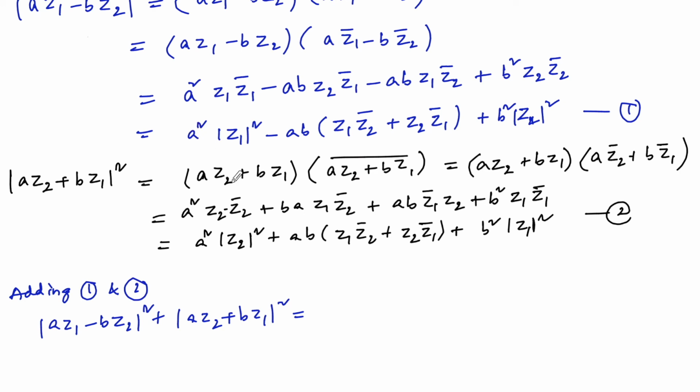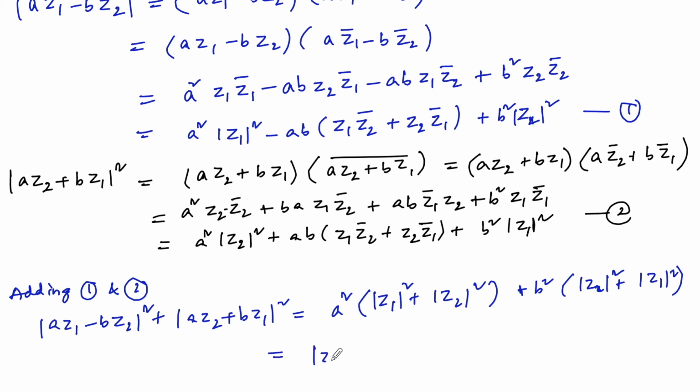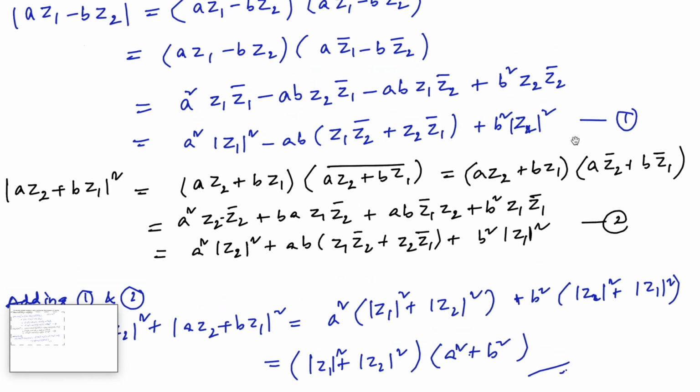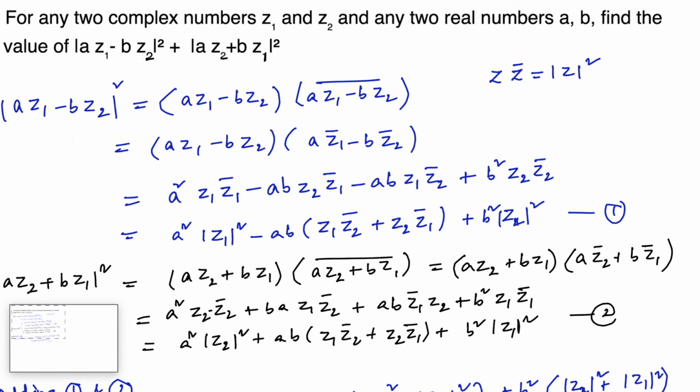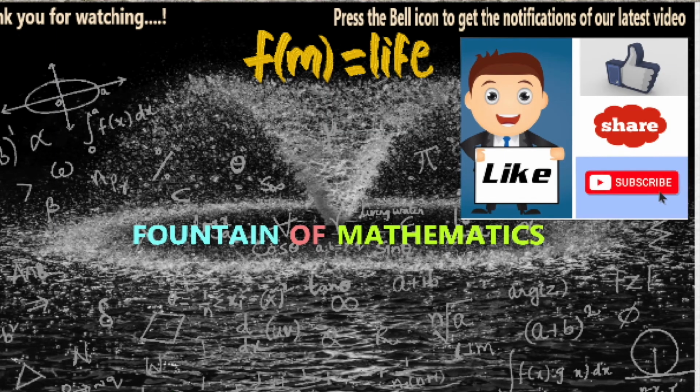So here a square, if I take a square common, mod of z1 square plus mod of z2 square, and again here plus b square terms of mod of z2 square plus mod of z1 square. So we can take out common mod z1 square plus mod z2 square, into a square plus b square. So we can give the answer as a square plus b square of mod of z1 square plus mod of z2 square. Okay, right. Thank you.